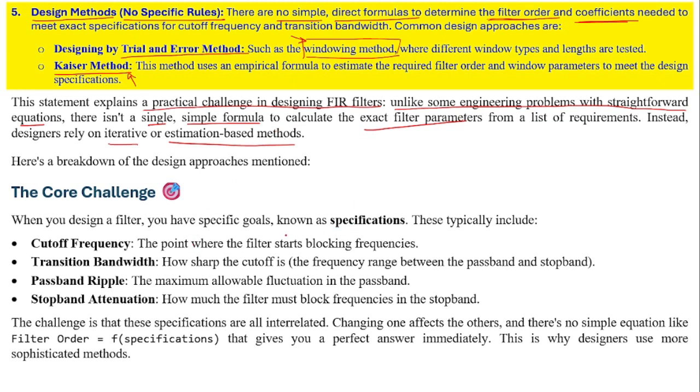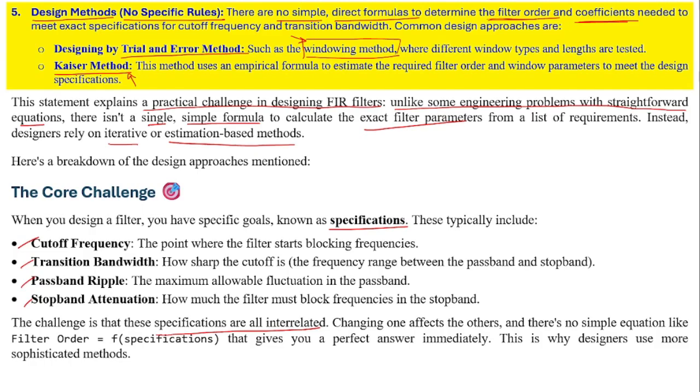As I already told you, first we have to decide the specific goals. That means we need to know the specifications based on which we will be designing the filter. These would be the cutoff frequency, transition band, pass band ripple, stop band ripple, and all these things. But the challenge is that these specifications are all interrelated, and you would want a formula that can help us determine the filter order and the filter coefficients.